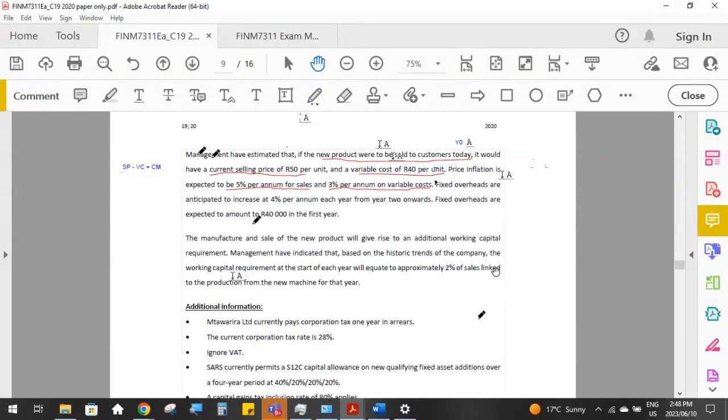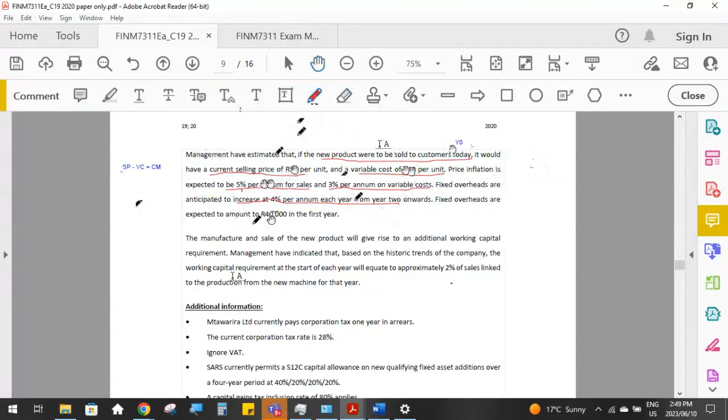So inflation means from year 1. Remember, at year 0, our selling price is 50 and our variable costs is 40. At year 1, the selling price will be 50 Rand plus 5%, and the variable costs will be 40 Rand plus 3%.